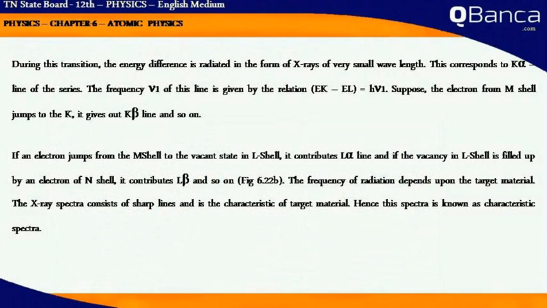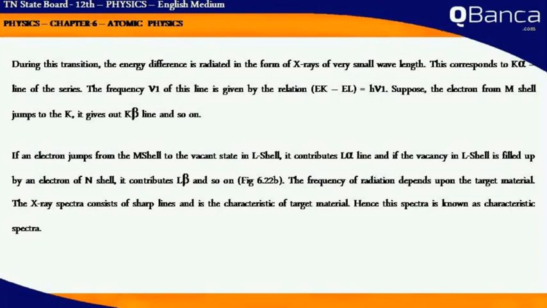This corresponds to the K alpha line of the series. The frequency ν1 of this line is given by the relation E_K − E_L = hν1. Suppose an electron from the M shell jumps to K, it gives out the K beta line, and so on.